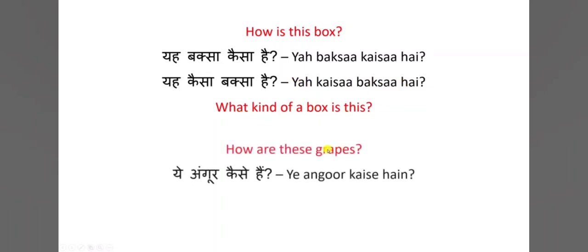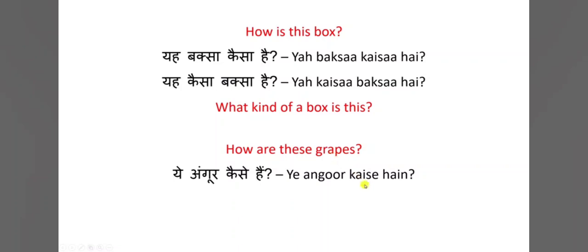One more example. How are these grapes? ये अंगूर कैसे हैं? कैसे is the word how, and it is placed before the be verb. Now this sentence is this.